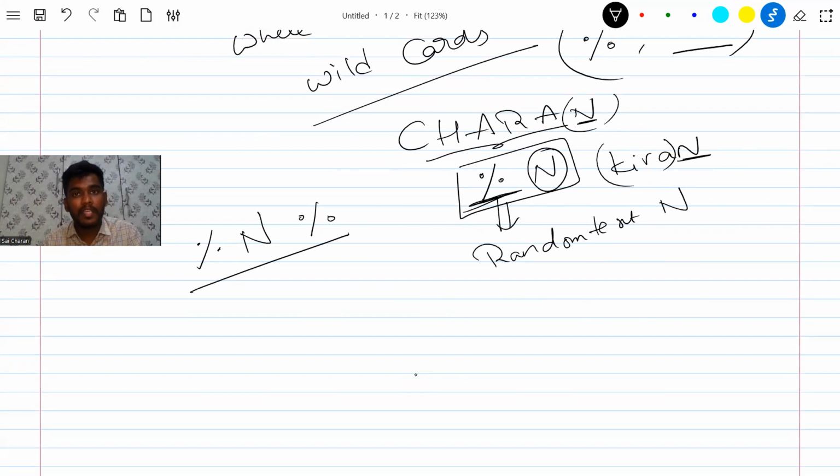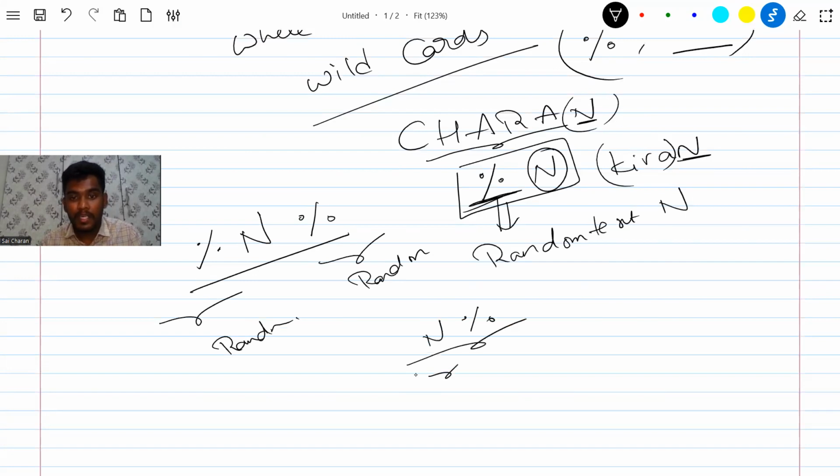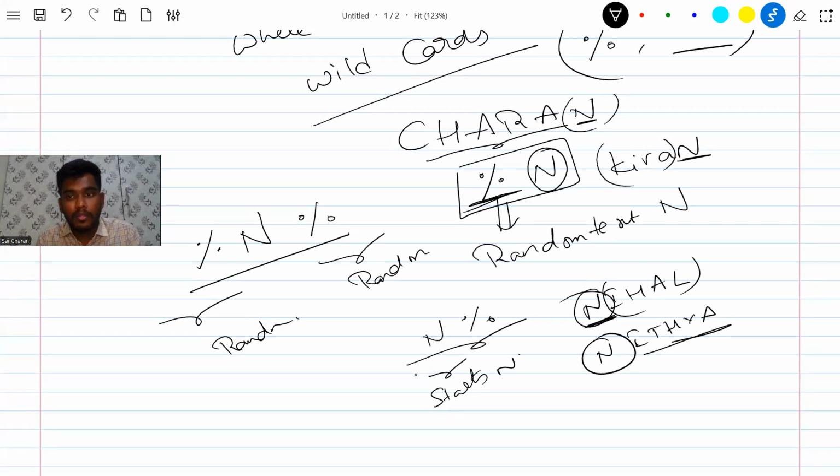It means there is some random text before and after the letter N. And it could also be N percentage, which means the word starts with N, like Nihal or Nitya. It starts with N and the rest is random text.